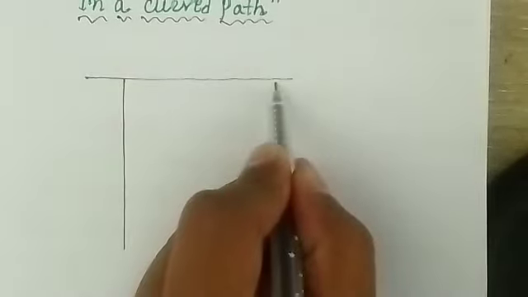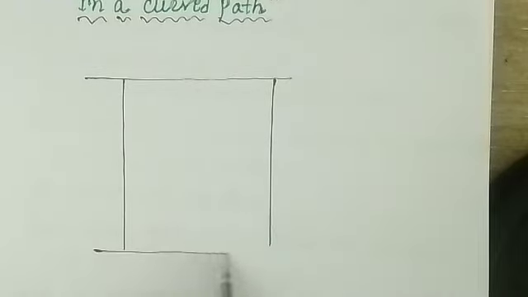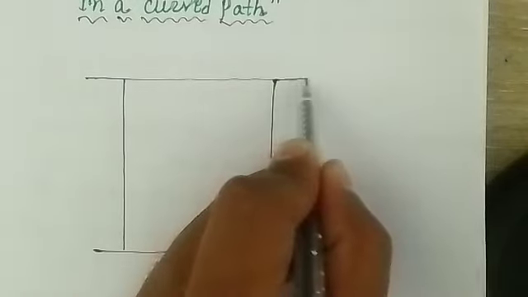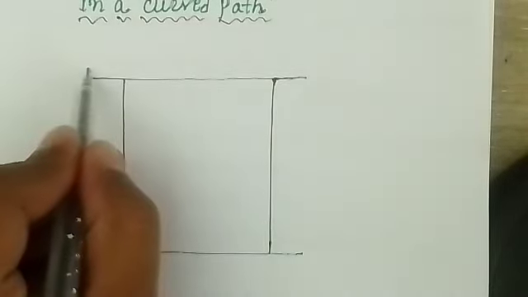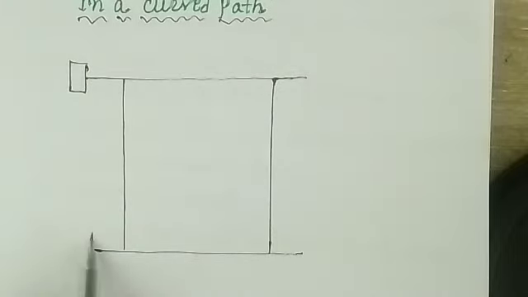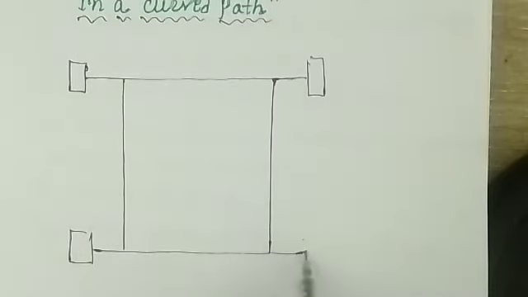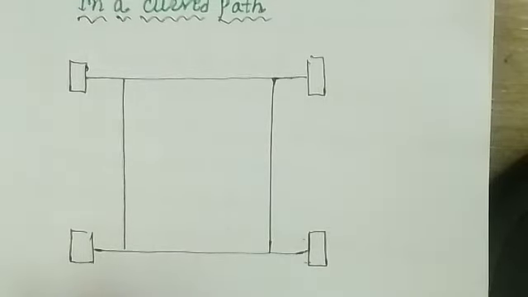In a simple way you can draw this on your paper, right? So this is how it looks. This is one wheel, this is another wheel of the four-wheeler, this is another wheel, and this is another wheel, right? So these are the four wheels you have.